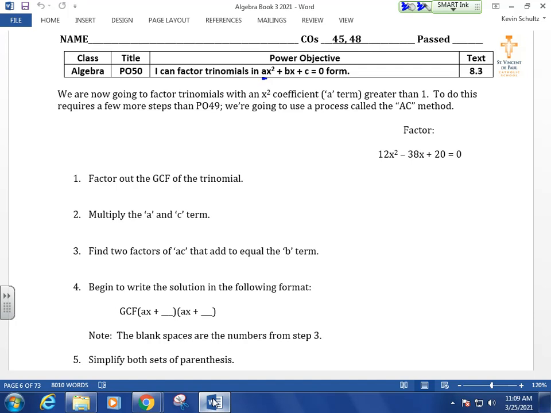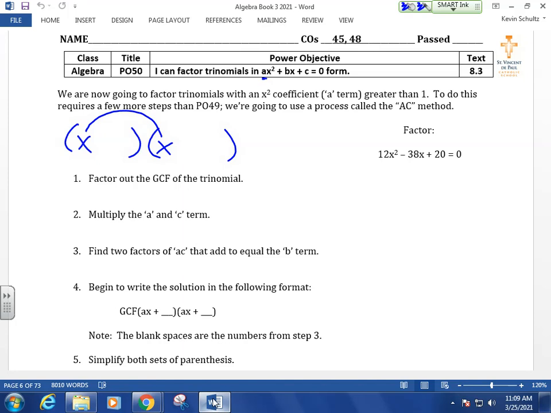In PO49, the reason why all of your parentheses started with an x and you really only had to focus on what numbers went in there is because all your trinomials that you were factoring started with x squared, which you get from just multiplying x times x, okay?